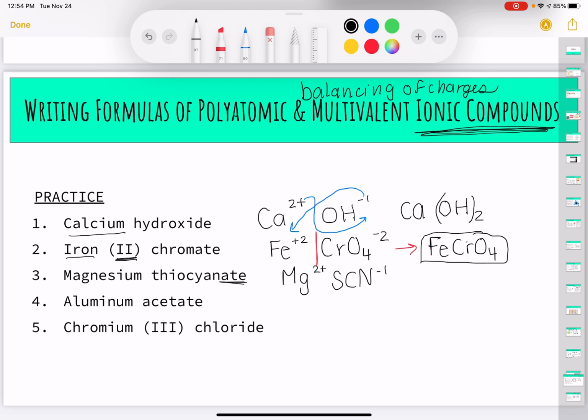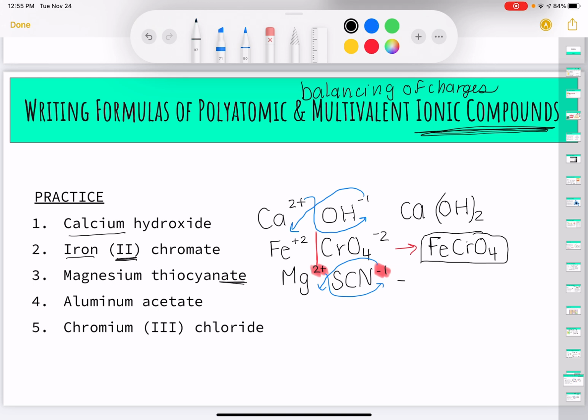Right, so thiocyanate is not balanced with magnesium. Why? Because this is a +2 and this is a -1. So those are not the same balance. So we need to actually do that crossover method. So we take this 1 and we put it down here and we put the 2 down here.